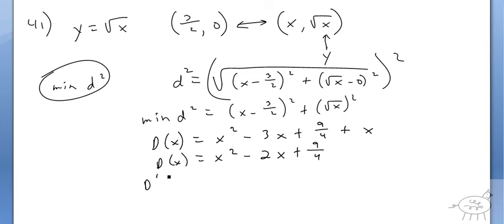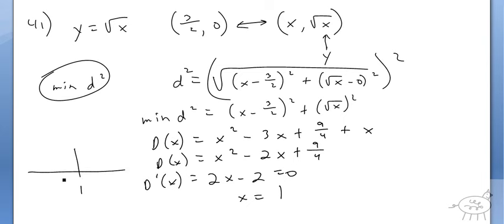And then d prime of x, to find the minimum value, is 2x minus 2, set that equal to 0, and x comes out to be 1. And if I do my interval testing, putting in 0 and 2, it goes negative and positive, so this is a minimum value. And so that's it. x equals 1, y equals the square root of 1, which is also 1.